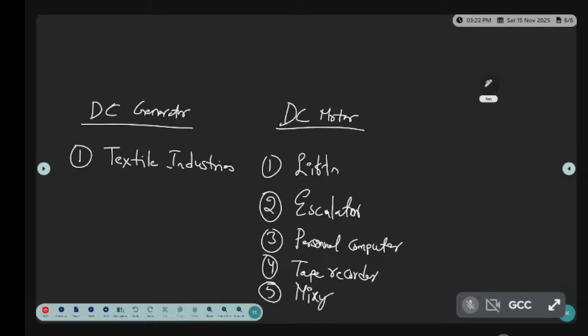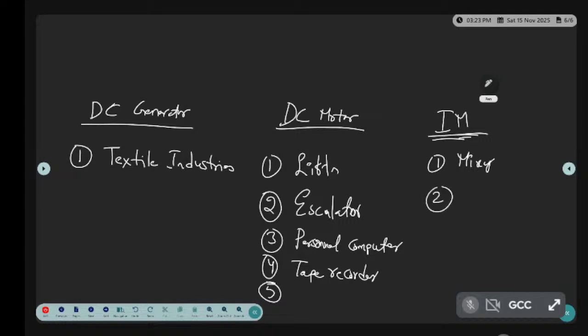Mixie is there, no? Okay, this is not just an AC motor, it is a mixie. Induction motor is in a mixie.